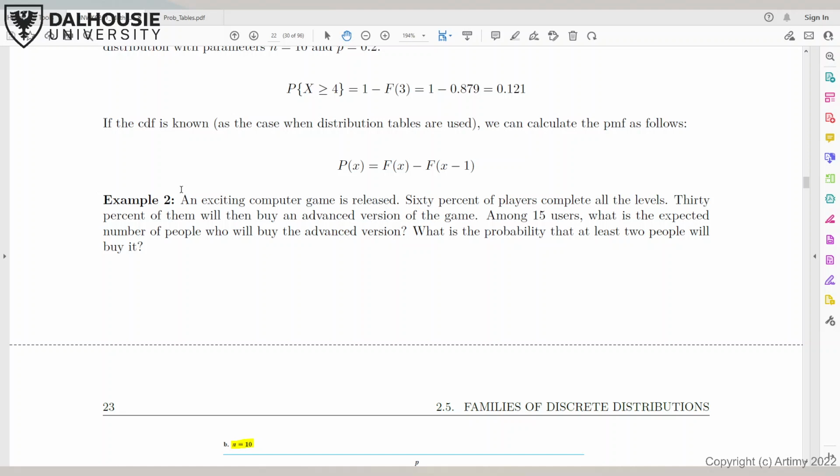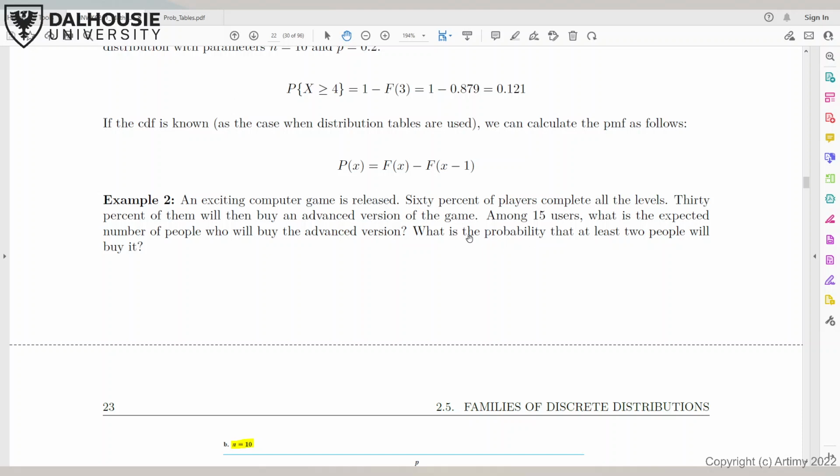So here we have 15 users, 60% of them, so not all of them, 60% will go and complete all the levels, and 30% of those will buy the advanced version.